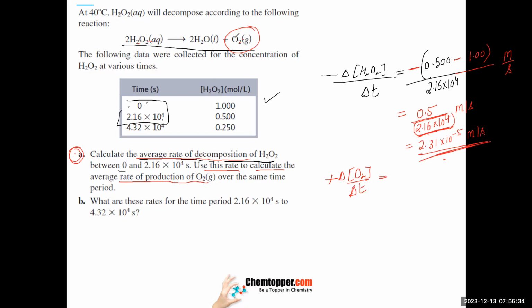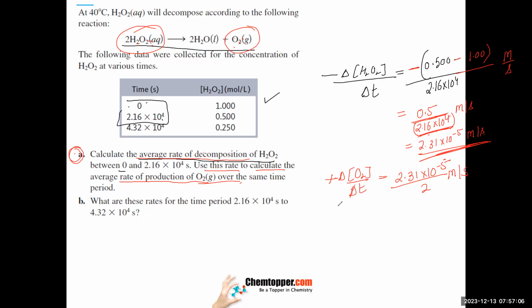No. This number should be half of this, because if 2 moles disappear, you are getting 1 mole, so they are half. So just divide it by 2. Divide this number by 2 and that is the answer for the second part.